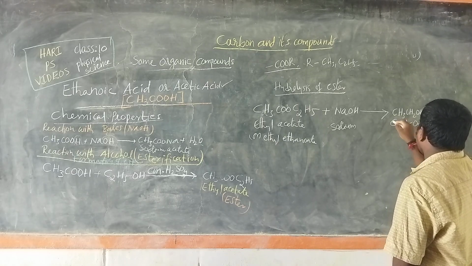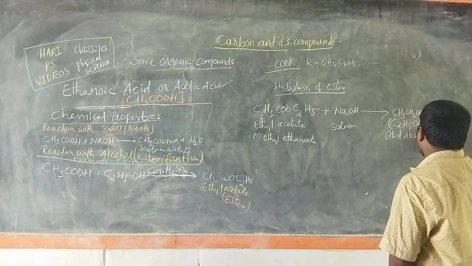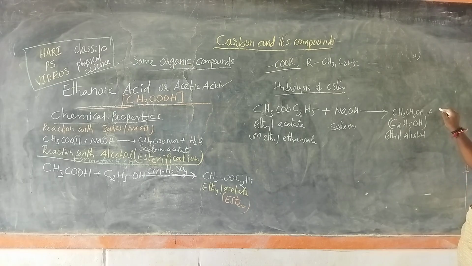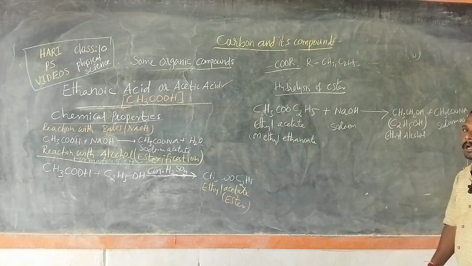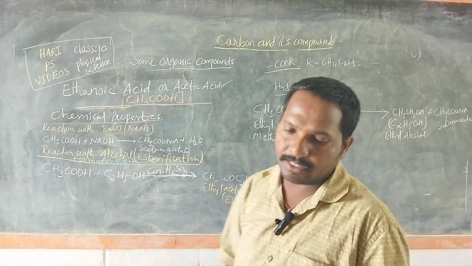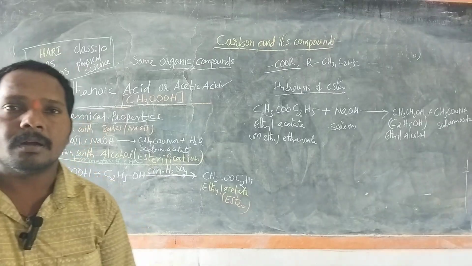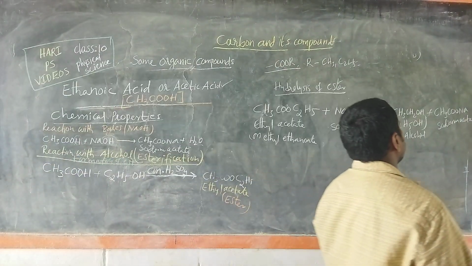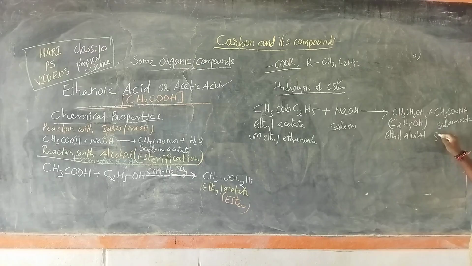It gives back alcohol, ethyl alcohol, and sodium acetate. Sodium acetate, or we can call it salt of acetic acid or salt of carboxylic acid. Sodium acetate, or another name is sodium ethanoate, is formed.